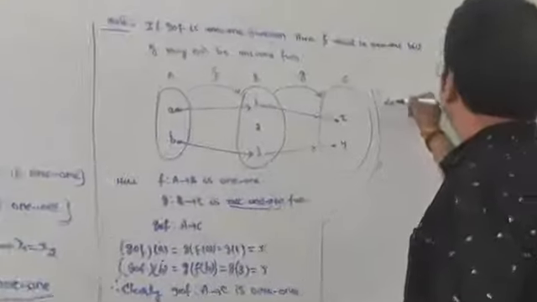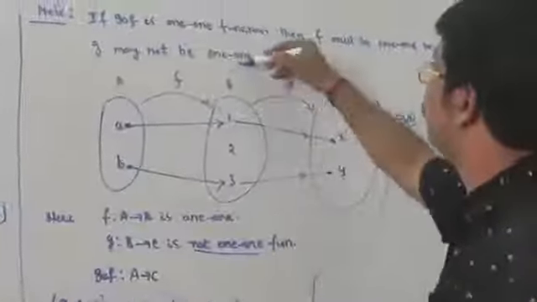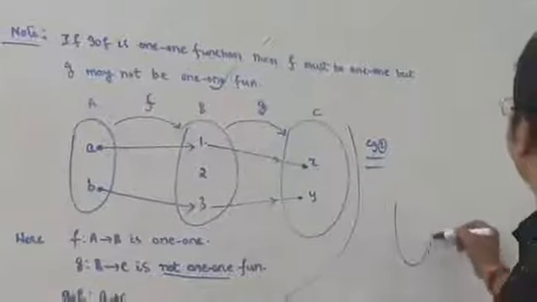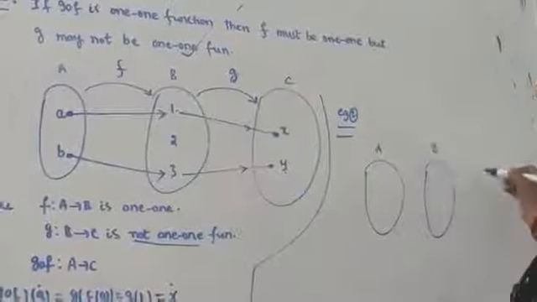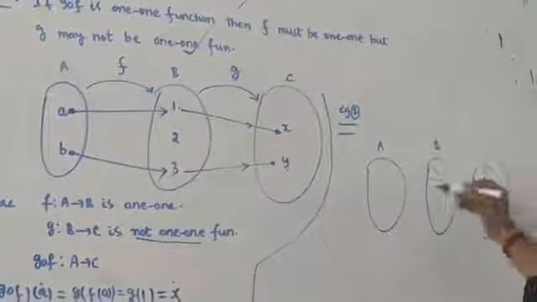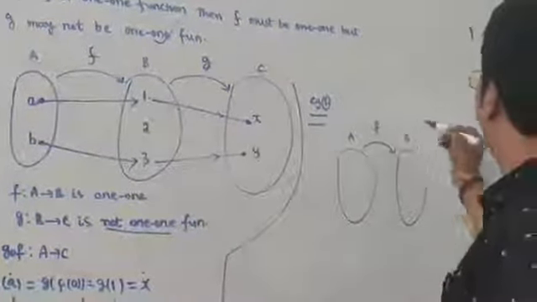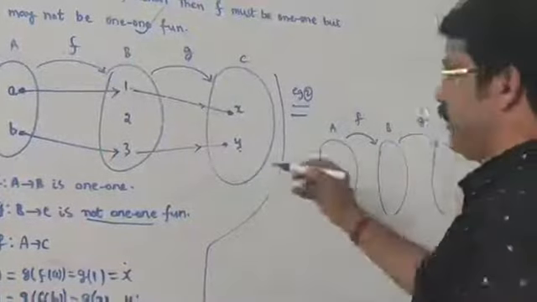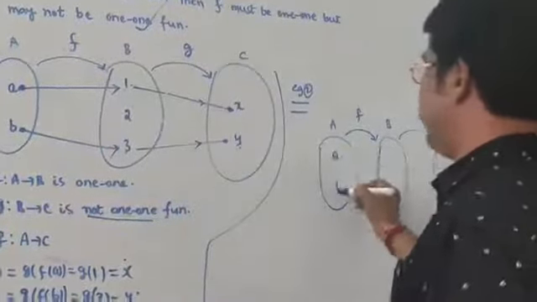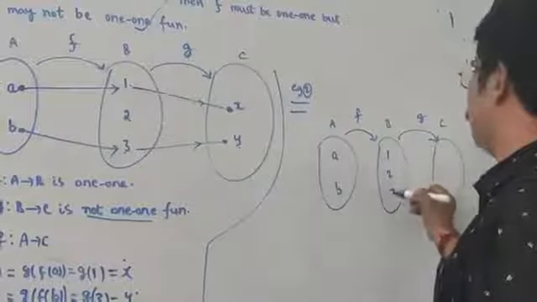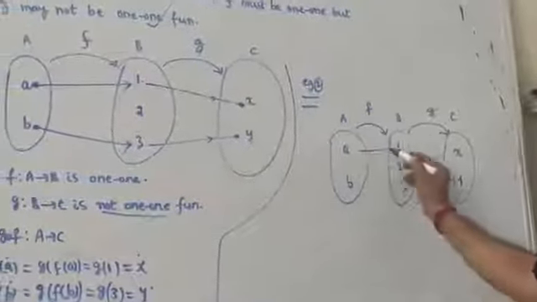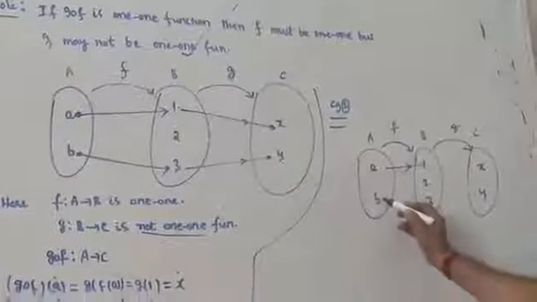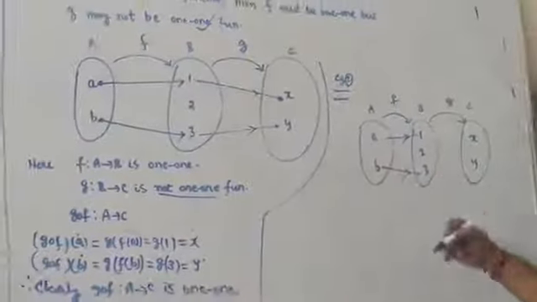Second example for the same statement. This is capital A, this is capital B, this is capital C. So F, Z, A, B, 1, 2, 3, X, Y. A is mapped with 1, B is mapped with 3.